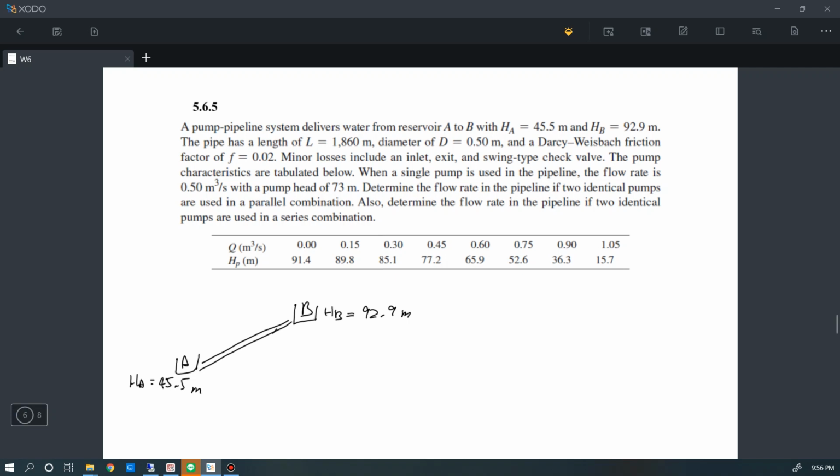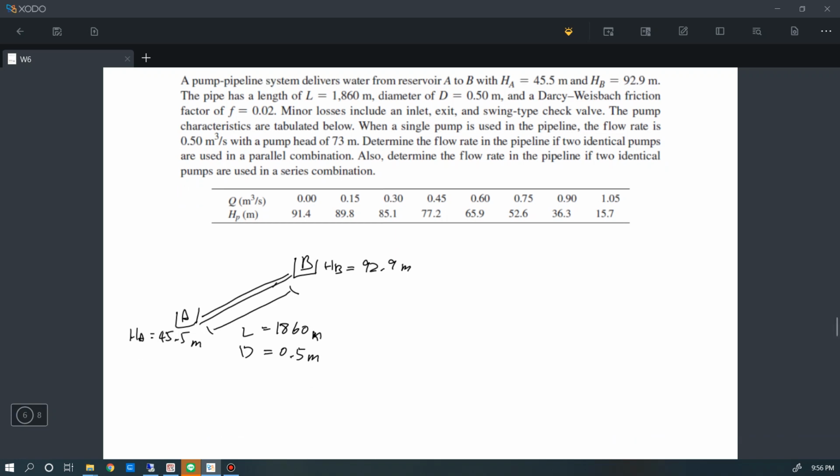The length of this pipeline is 1,860 meter. Diameter is equal to 0.5 meter. And the factor F that we will use to calculate the water head losses is equal to 0.02.